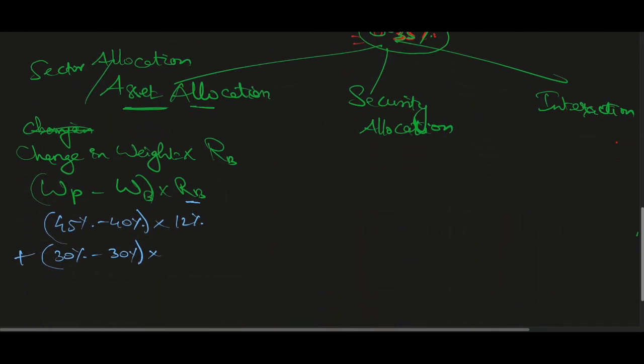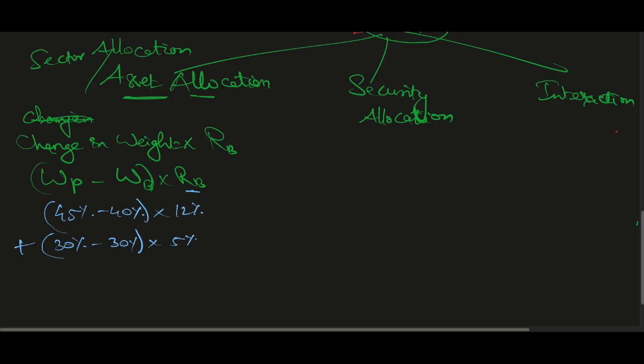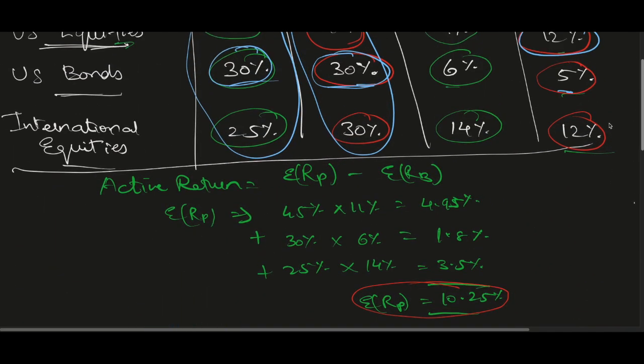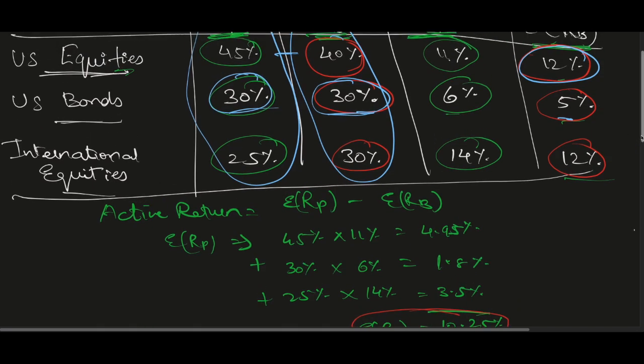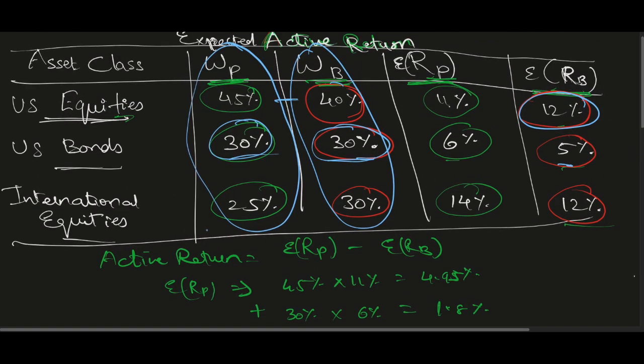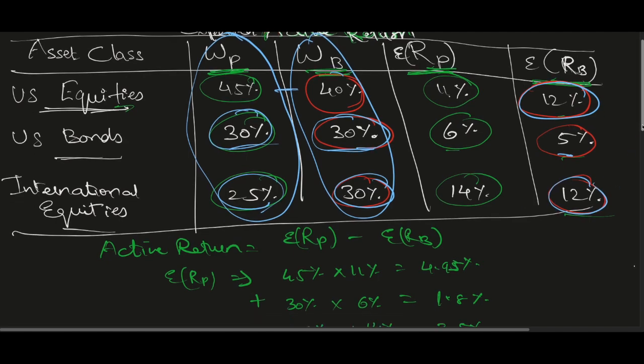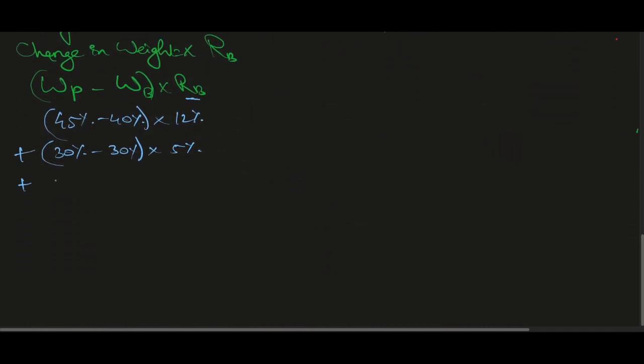Into 5 percentage plus weight of the portfolio 25 percentage, so 25 percentage minus 30 percentage into 12 percentage.